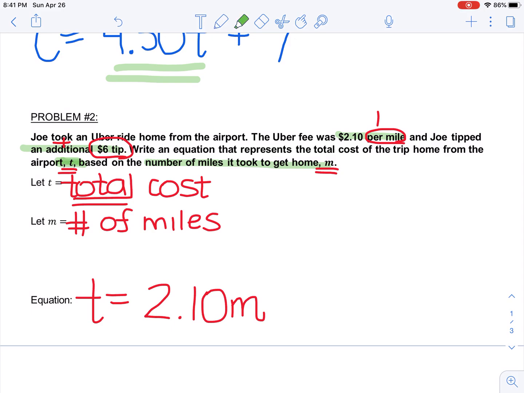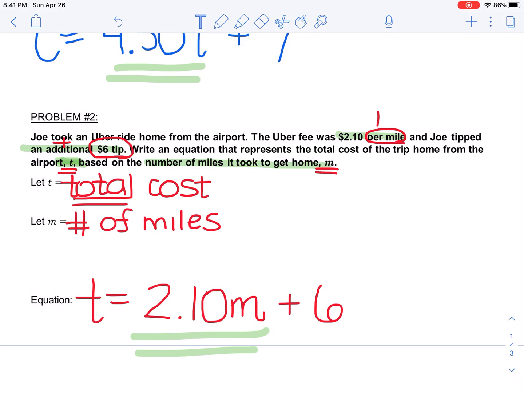That right there, I hope you're all thinking right now, means to multiply, okay? And then when you have that additional $6 tip, we're going to add on $6. So I have T equals $2.10 times the number of miles it takes Joe to get home from the airport, plus the $6 tip that he's going to give his Uber driver.